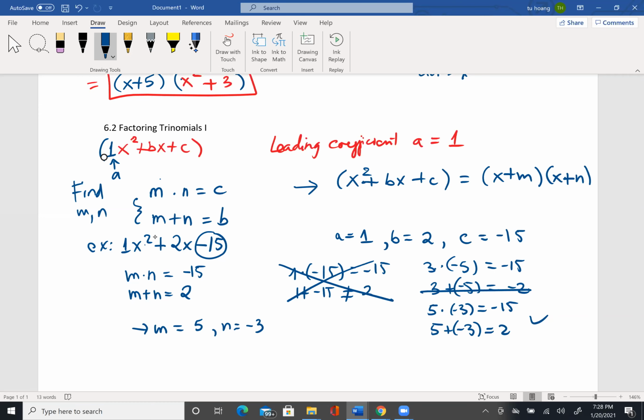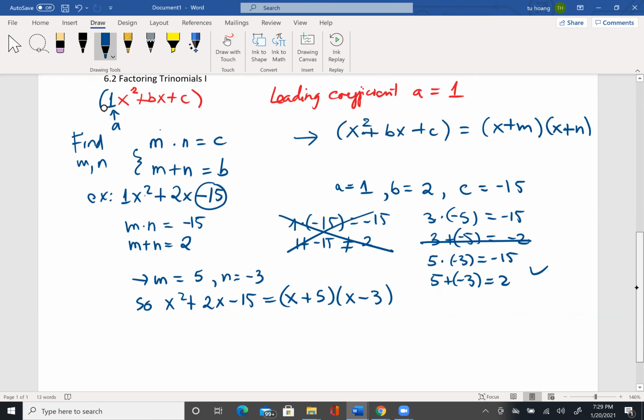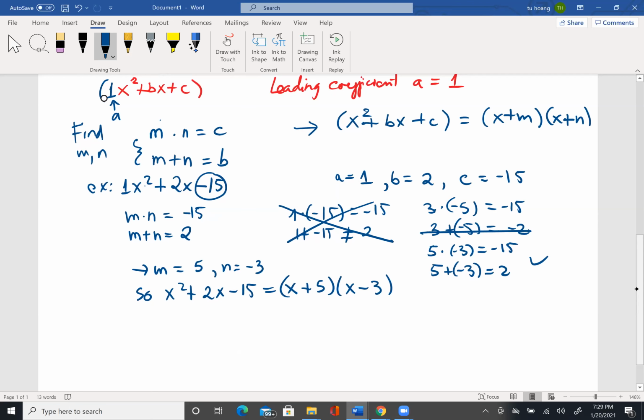So x squared plus 2x minus 15 factors as x plus 5 times x minus 3, right? So that's completely done with factoring special trinomial. We're done with 6.2.